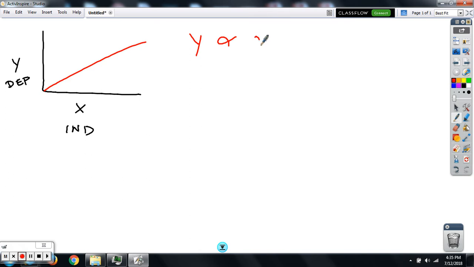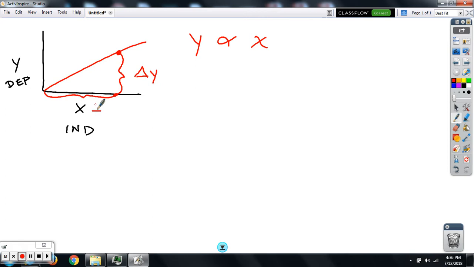Y is proportional to x. That means if I increase x by a certain amount, then y also increases by a certain amount. And that ratio doesn't change. This is your delta y.